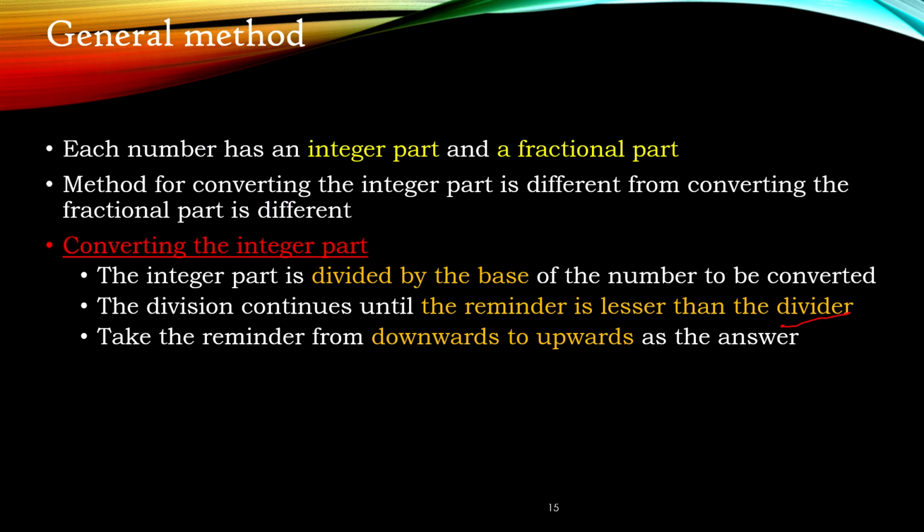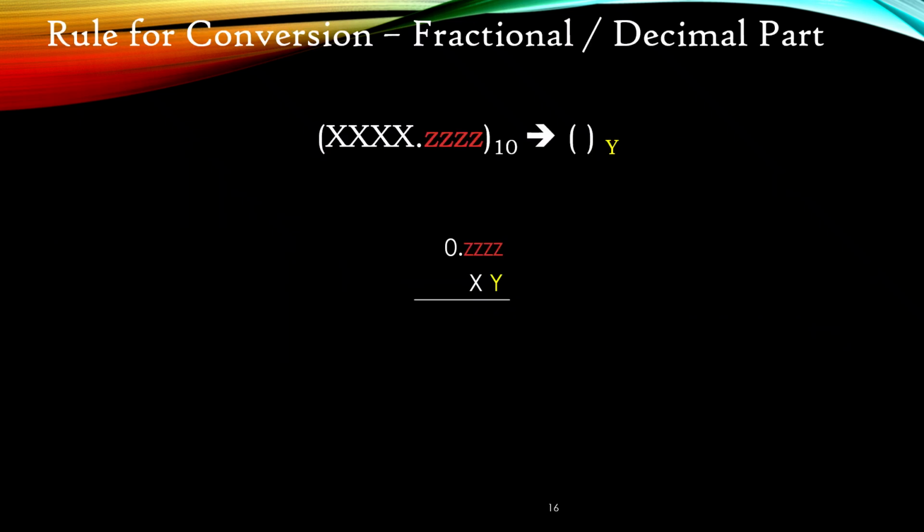Here the divider means the base value of the number to be converted. Then we take the remainders from downwards to upward, and that will be the answer. We have now seen how to convert the integer part into the required number system.